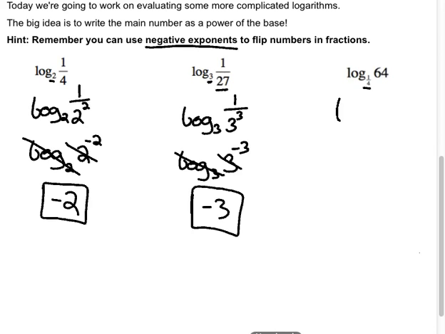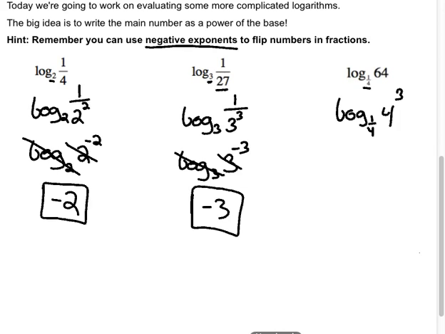So the first thing is we have 1/4, and 64 is just 4 to the third power. Okay, so I'm one step there. At least I have the 4s.